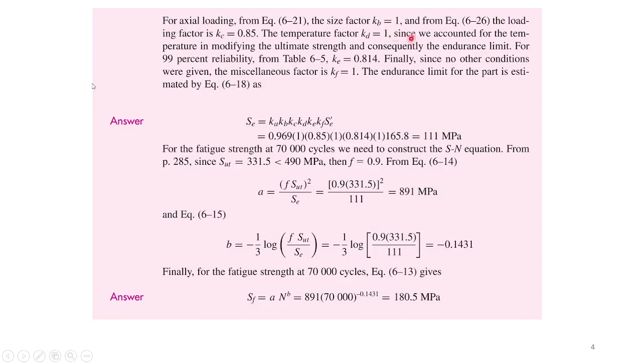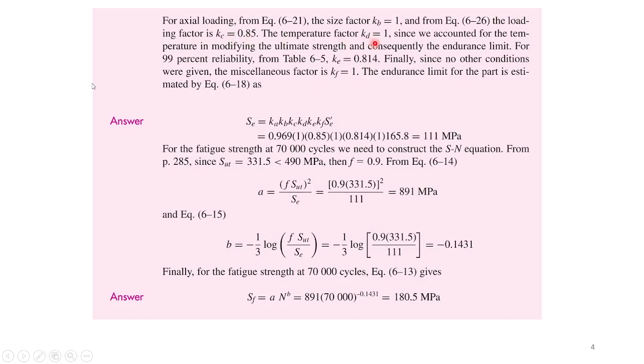KB is equal to 1. The loading modification factor will have to take a value because I know that the SE is always based on bending. So if the fluctuating load is changed to another mode than bending, then the KC will have to take a value. I will go to the table for axial load as well and see that KC is equal to 0.85.